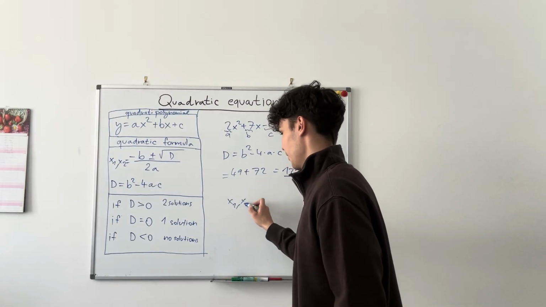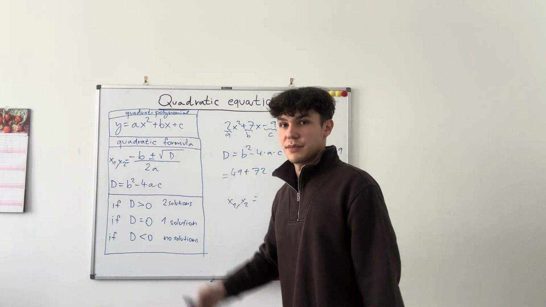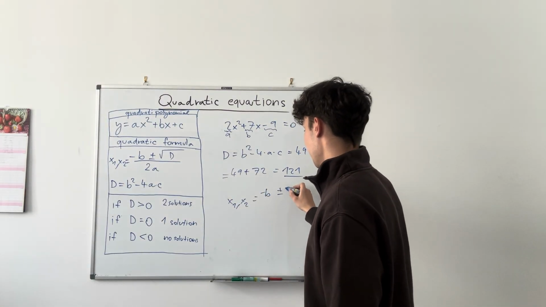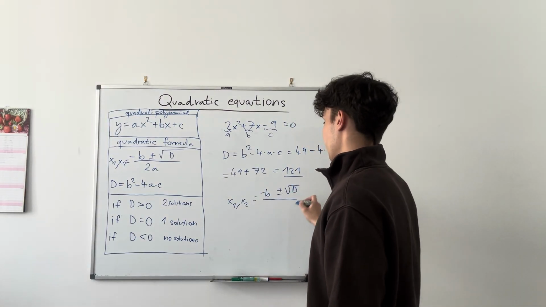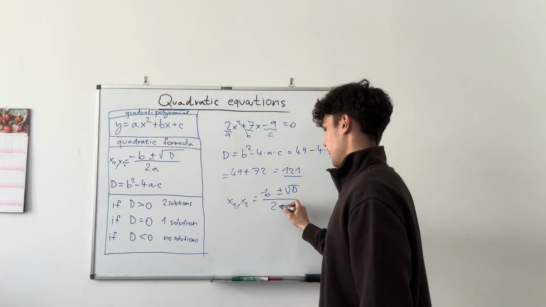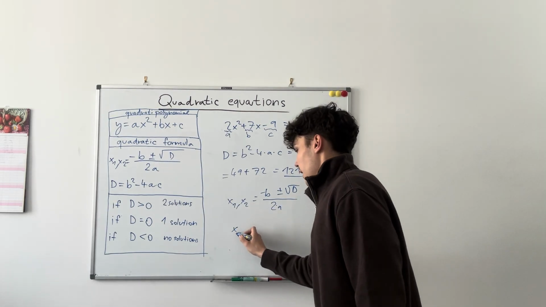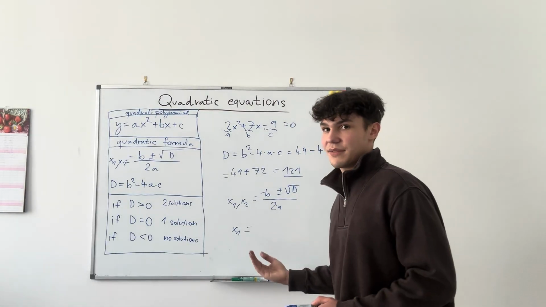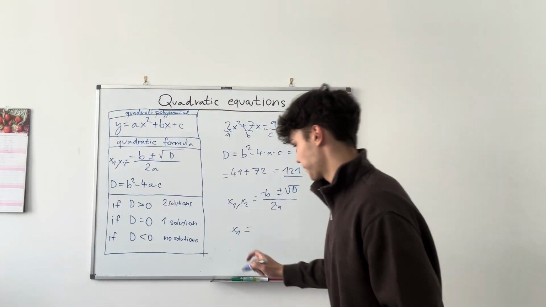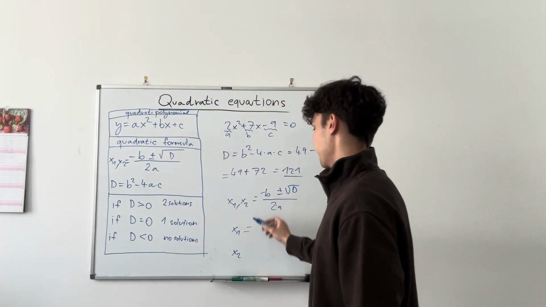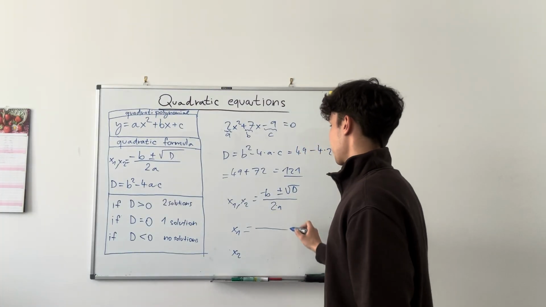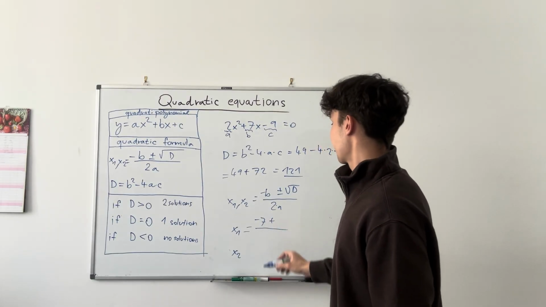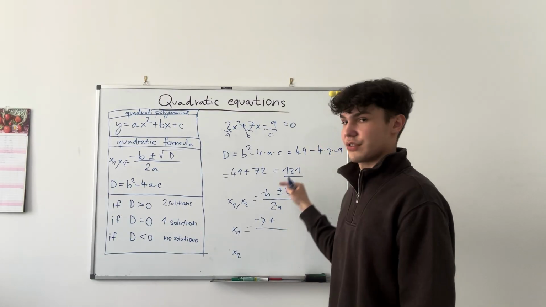So x1, x2 comes from the quadratic formula, which is minus b plus minus the square root of the discriminant, divided by 2 times a. For x1, I'm going to add it, and for x2, I'm going to subtract it. Minus b is minus 7, plus the square root of the discriminant.